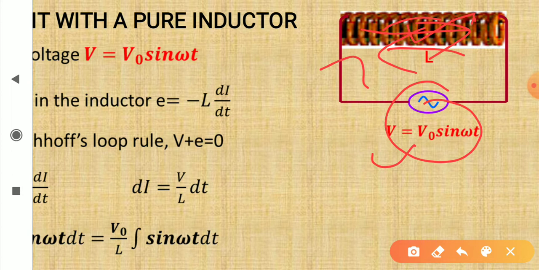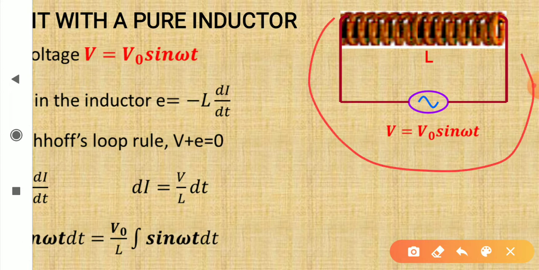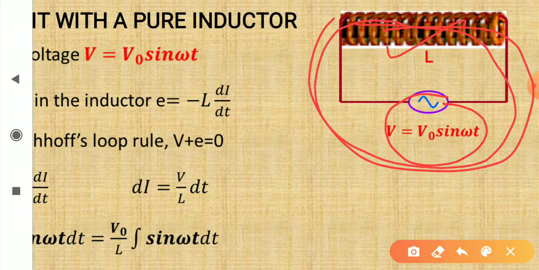So you know that the induced EMF in an inductor is given by minus L di by dt. Now, in this closed loop, we have two voltages. One is this AC voltage and the other one is the induced EMF. And using Kirchhoff's rule, the net potential drop in a closed loop is 0. So the applied voltage and induced EMF, their sum must be equal to 0.